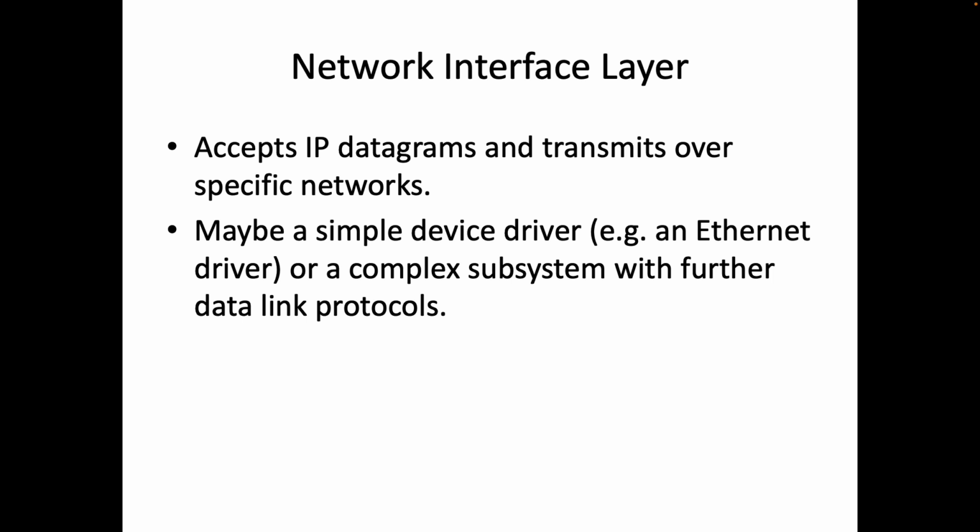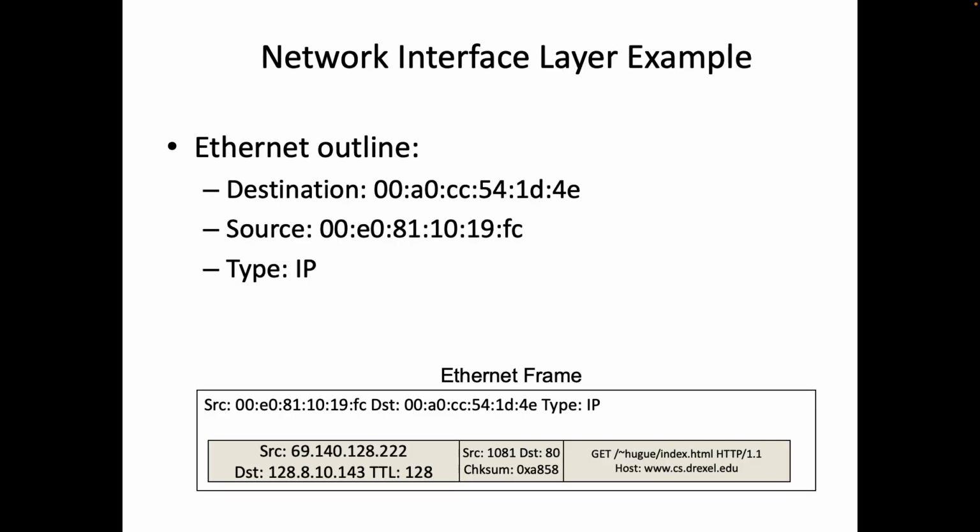When the packet reaches this room or this building or CCI cluster, then we have the network interface layer that transfers over specific networks. Maybe, for the sake of discussion, this is a whole Microsoft network, and so we know the way to figure out how to send and connect within this network. Okay? So that is the network interface.